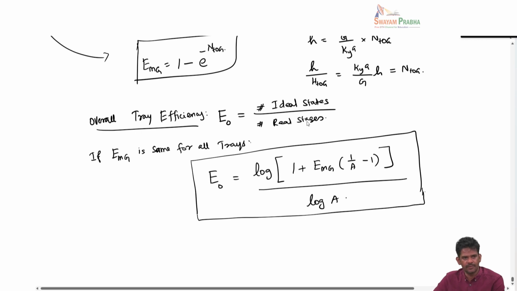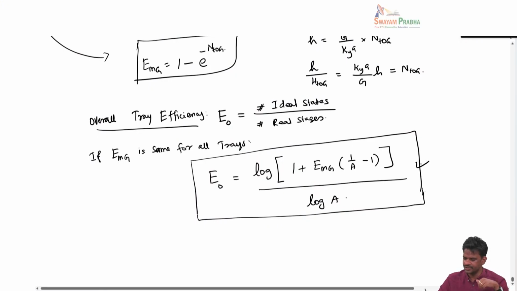Okay. So in the case of design of a tray column, we can easily find the number of ideal stages that can be obtained. Now, if I know the overall efficiency, from there I can calculate the number of real stages. So the design of a tray column absorption involves two steps. First step, you assume that each tray is ideal and find out the number of ideal stages graphically or analytically.